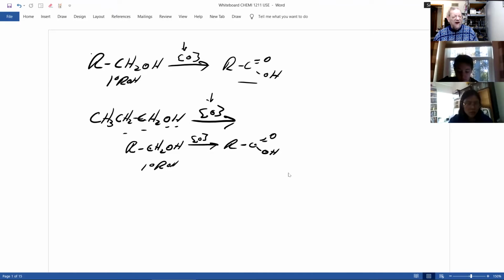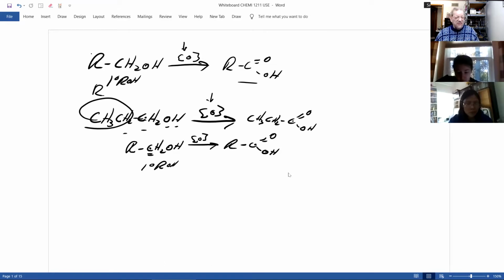So what's R here? These 2 carbons. This carbon is this carbon, and now becomes this carbon.